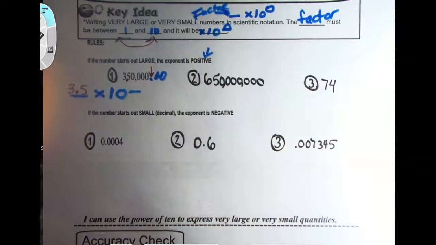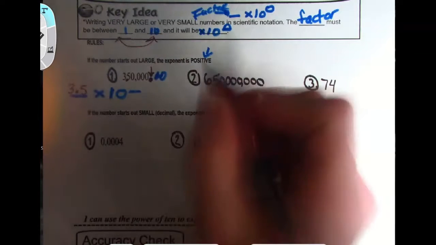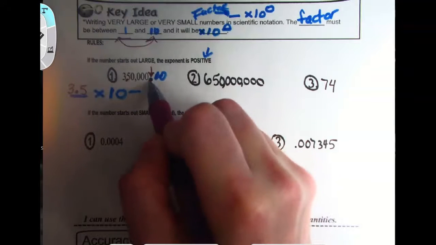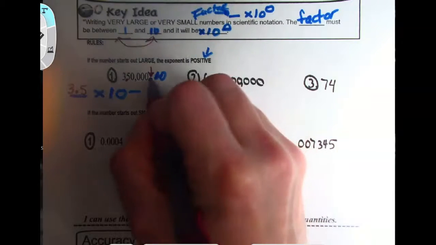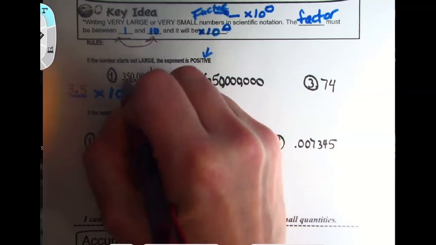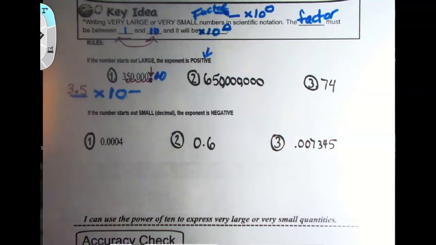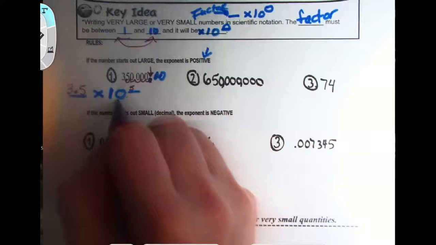Then I count from my imaginary decimal. I went ahead and put it in because I need it to count how many places I go back. Like I said, with a very large number, it's always at the end. We never put it in because we're not used to writing numbers like that unless it's money. So I count: I go back 1, 2, 3, 4, 5. I went back 5, so my exponent is 5. That's my answer: 3.5 times 10 to the 5th.